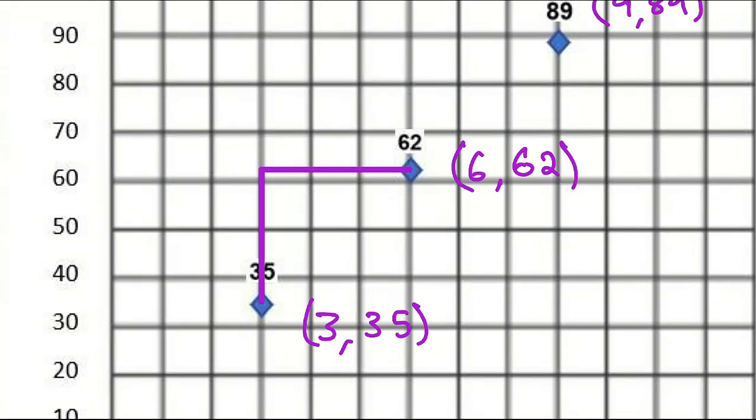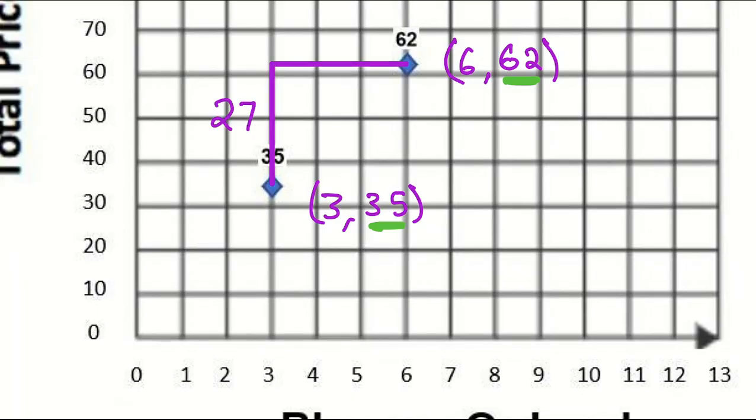What we're doing is going from this y value to this y value. So that difference is going to be, I'm going to take 62 minus 35, and I'm going to get a rise of 27. Okay? So that actual rise is 27. Let me go back to purple. That rise is 27. Now the x's, you can see down here, are being counted just by ones.